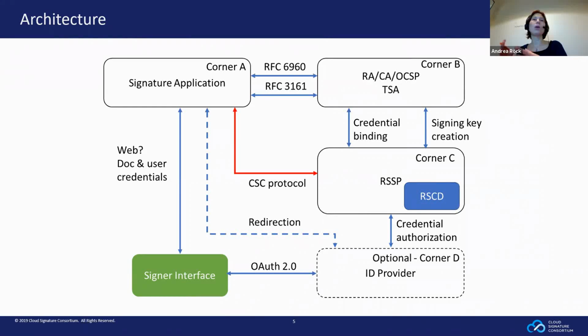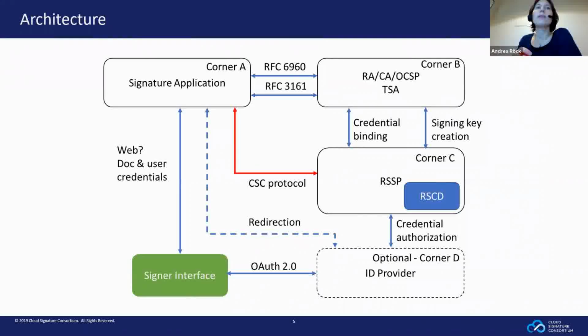The idea is that we have a remote signing server provider or signature service provider, the RSSP, who has the key in a remote signature creation device, RSCD. And the user has the possibility to allow the usage of this key that he has in the remote service.